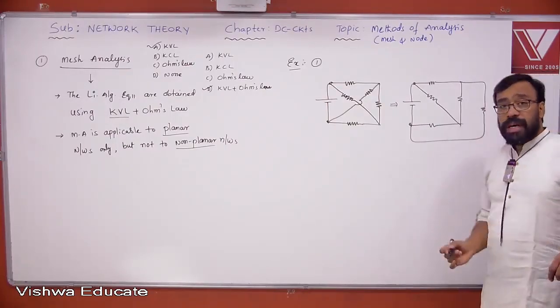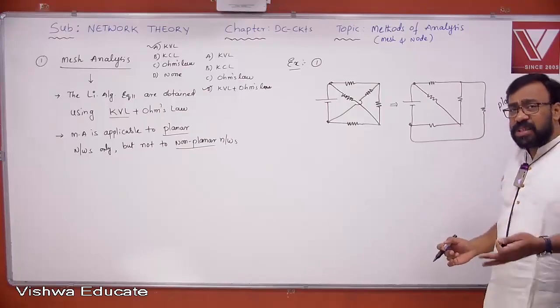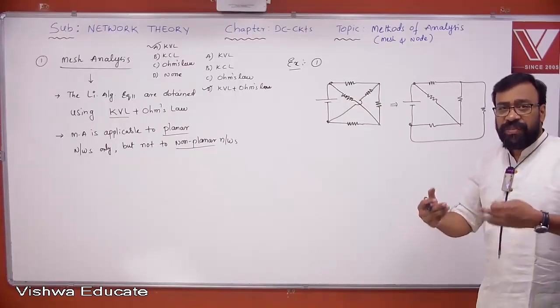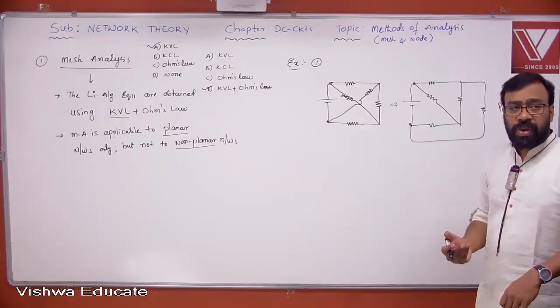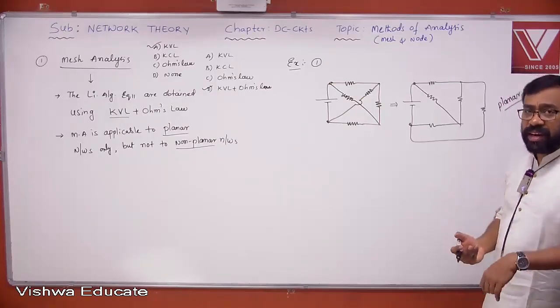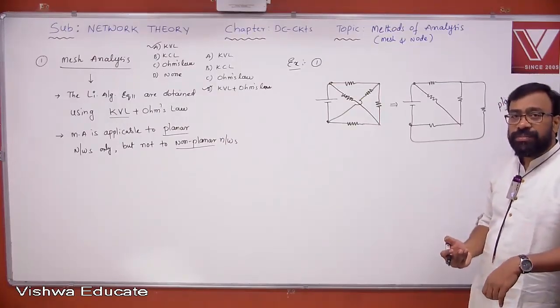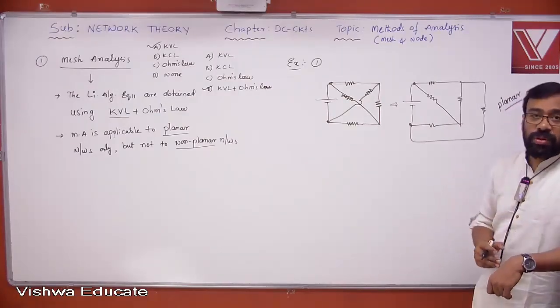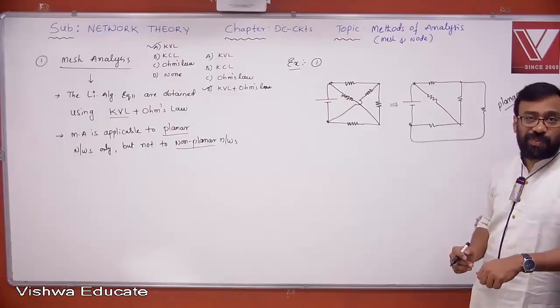But if I find any crossover even after reconstructing the network in all different possible ways I tried, and I still did not eliminate that crossover, then I would say definitely it's non-planar.